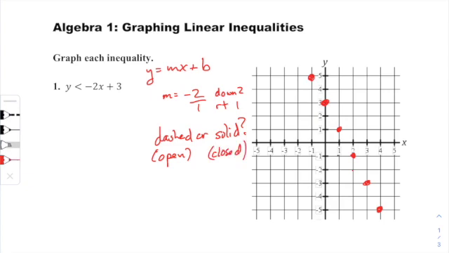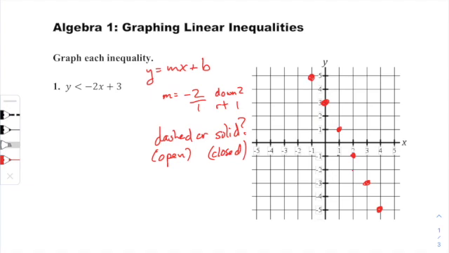And so if you're good with that, when do we use a closed circle? That's when we have less than or equal to, or greater than or equal to, when it's got the or equal to line underneath. And we'll use an open circle or a dashed line when it's just less than or just greater than. So I'm not including the points on this line as part of my solution.